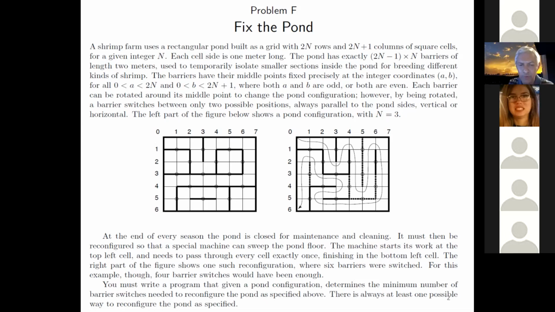So what you're saying here is for all the possible flips of the barrier, one of these should work and it should give you the minimum number of flips. And you want to figure out which one that is. And since there are lots and lots of these barriers, and since each one has a 0 or 1 possibility, you really have a lot of different combinations to check. And that makes this problem difficult.